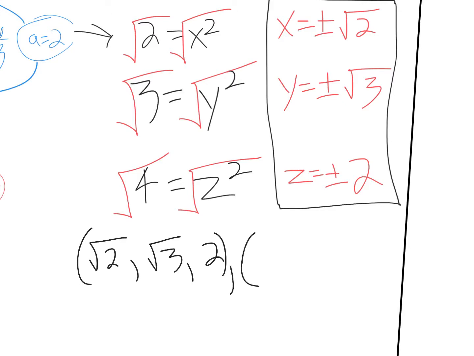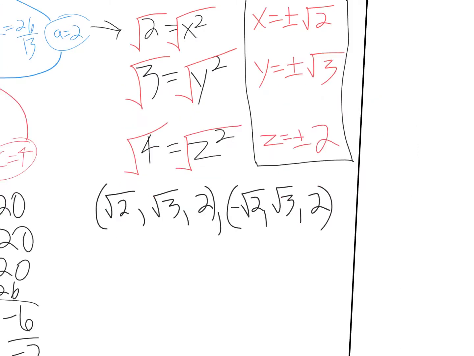There's also a possibility of getting a negative square root of 2 with the positive square root of 3 and the positive 2 for my z. And we're going to get something like 8 different combinations here, or permutations. I get those kind of mixed up.